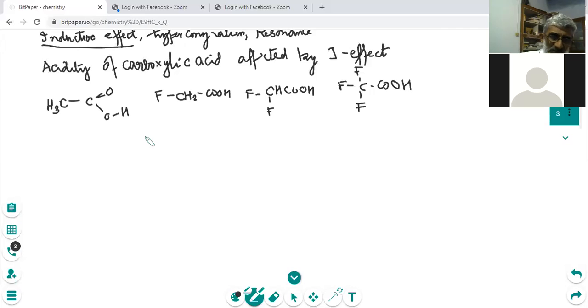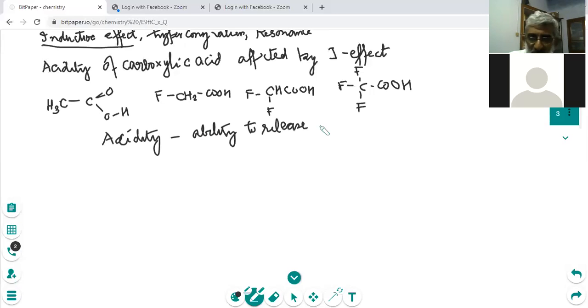Now, what is acidity? Look at what acidity is. Acidity is the ability to release a proton, to donate a proton.